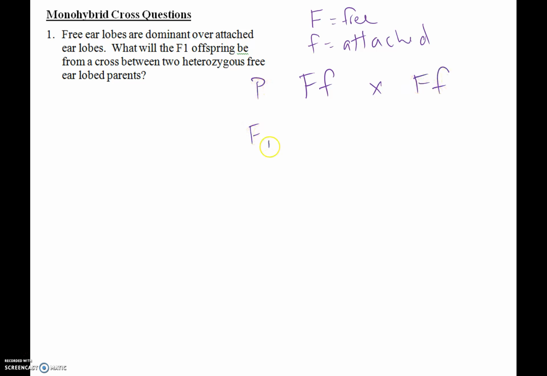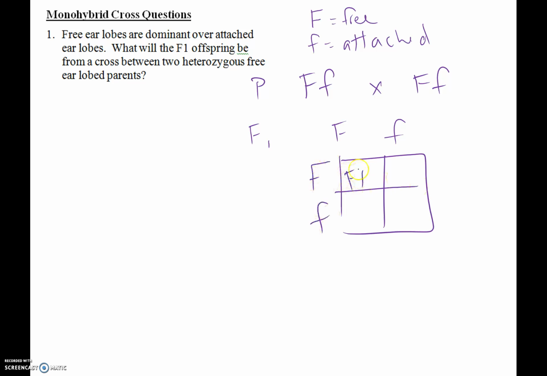Now our F1, when we look at this, here we go. Okay, so our F1 offspring, we have a homozygous dominant, we have two heterozygous, and we have one homozygous recessive.